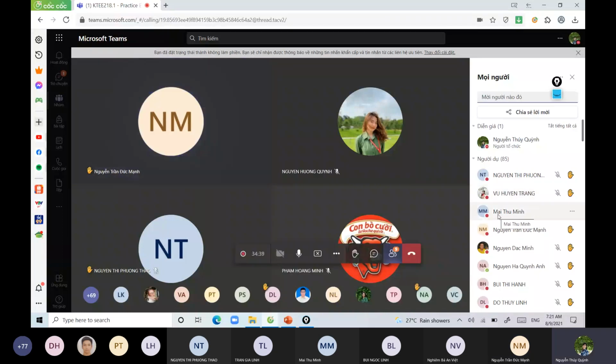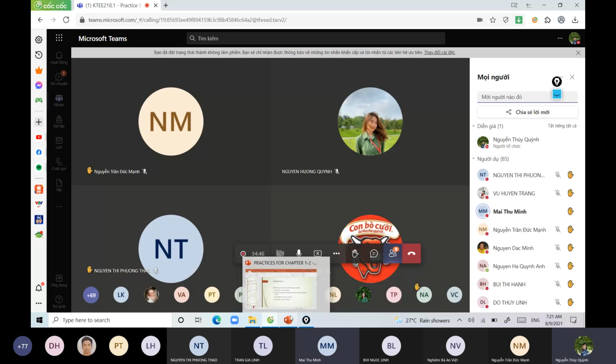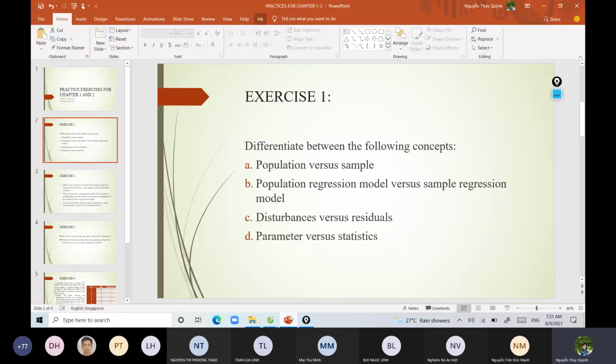Alright, Minh Thu. Yes, I'm here. Okay, so help me differentiate between the disturbance ui and the residual.